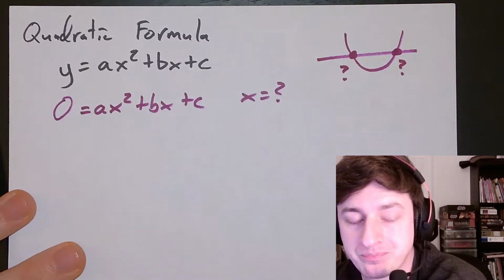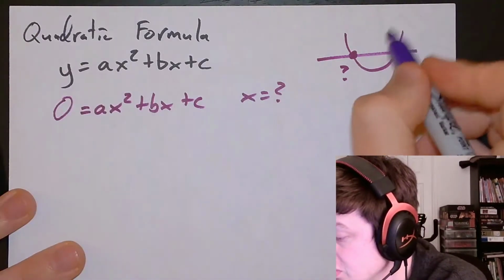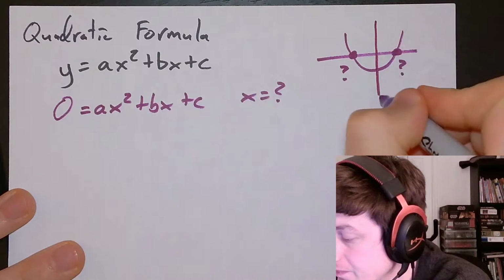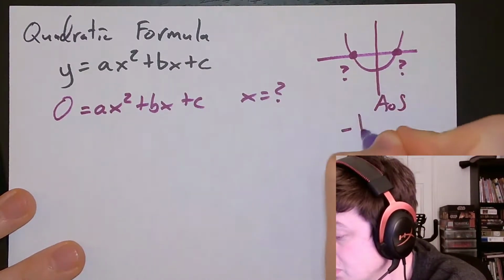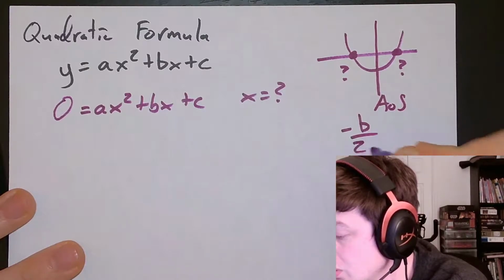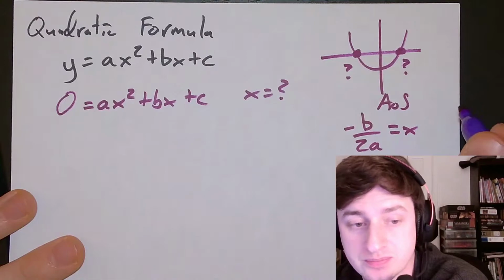Okay. Now I want you to think back to last chapter, chapter 2, where we talked about the axis of symmetry, which existed at negative b over 2a, right? And we use that to find the vertex.